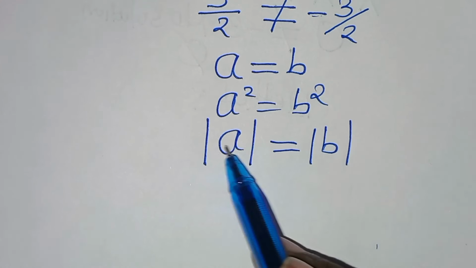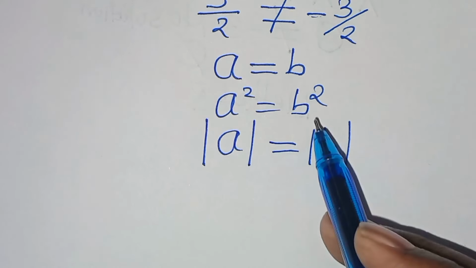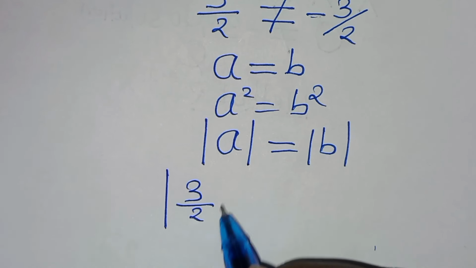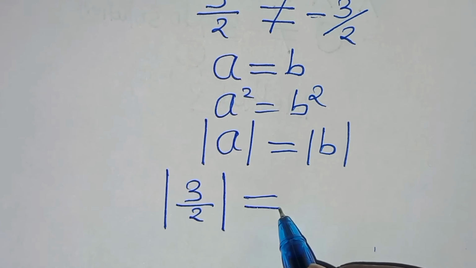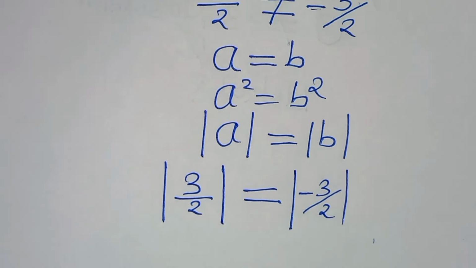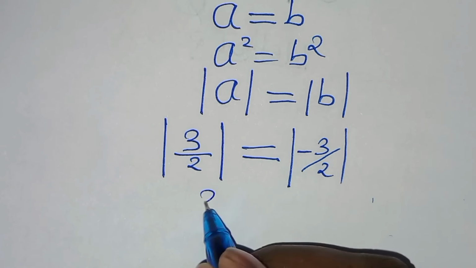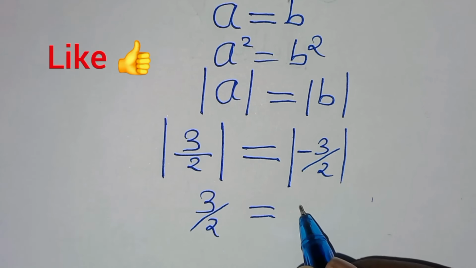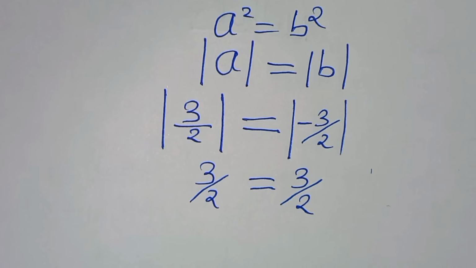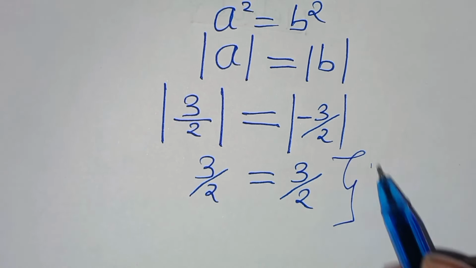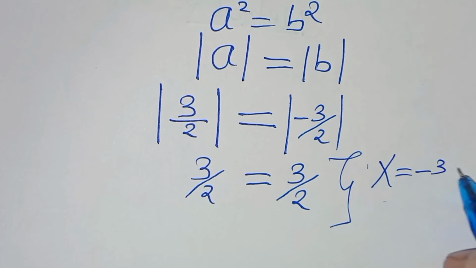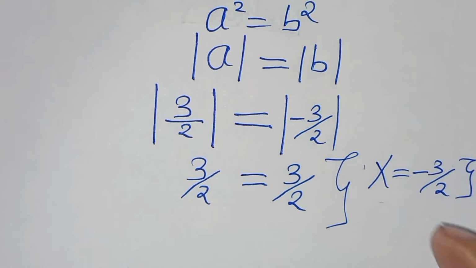So applying this property, we have the magnitude of 3 over 2 equal to the magnitude of minus 3 over 2. And in this case, you find that 3 over 2 is equal to 3 over 2. So we find that x equal to minus 3 over 2 will satisfy the equation.